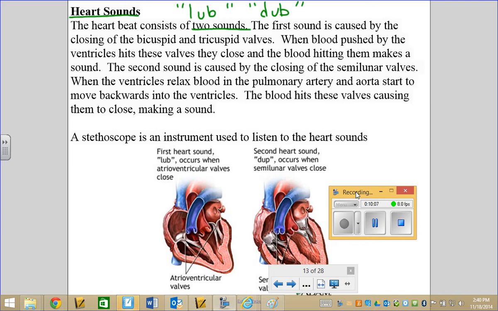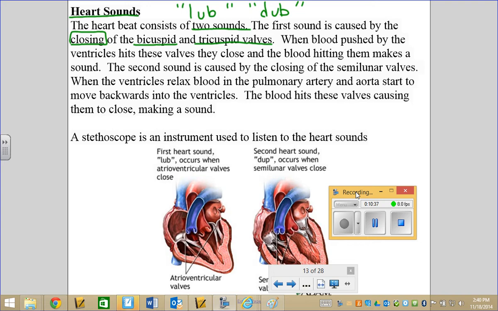The first sound, the one that we'll refer to as the lub, is caused by the closing of the bicuspid and tricuspid valves. So when you hear your heart beat, boom, boom, the first sound is when the valves between your atria and your ventricles close.